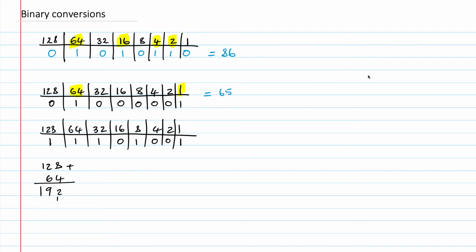And then we've got the 1, so that's 192. So 192 plus 32. So we're going to add that together. That gives us a 4. 9, 10, 11, 12. And then we carry the 1 over to make that 224.